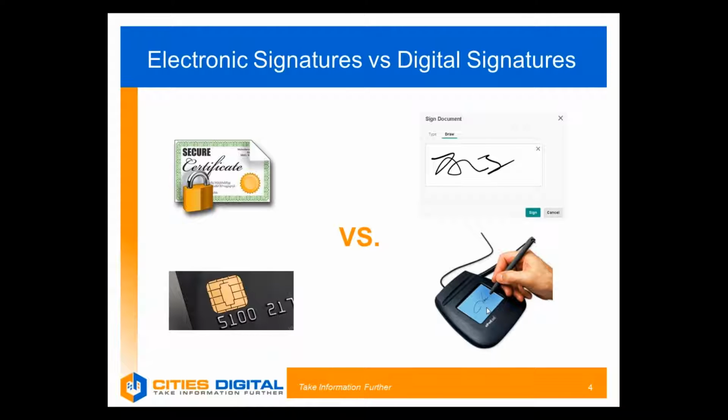Am I getting that right? Absolutely. That's a perfect analogy of the difference between the two. The electronic signature is something you can see, you can verify, you can say, oh, yep, that's my signature. But, like you said, if you're using a chip, sending your PIN, that is a perfect form of a digital signature that's used.